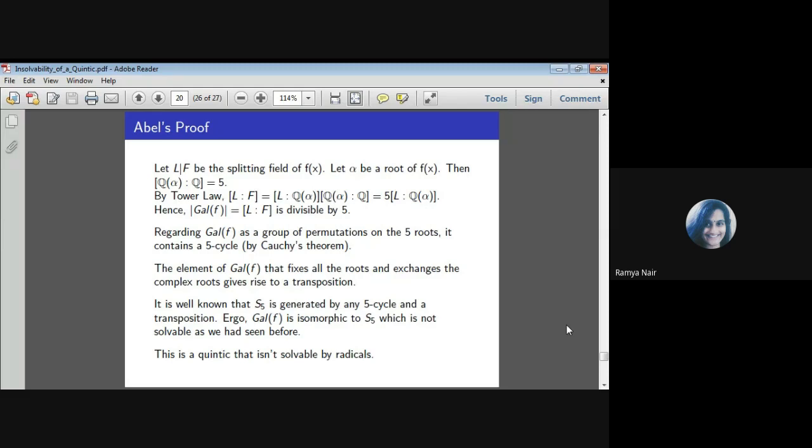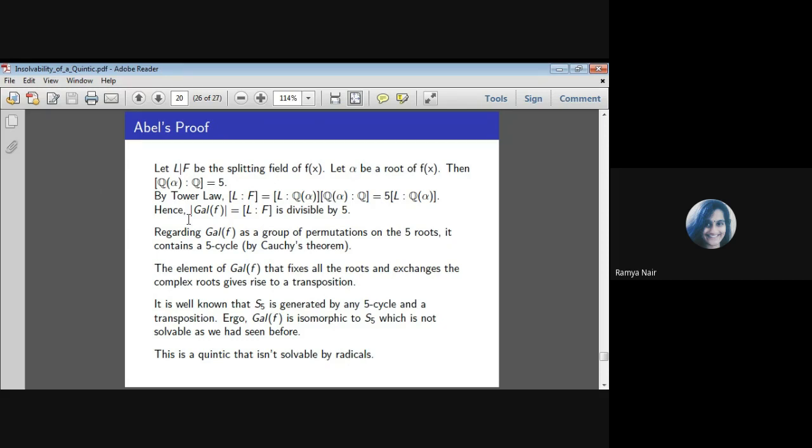One way to see that it cannot be greater than 5 is that alpha satisfies a polynomial of degree 5: alpha to the 5 minus 6 alpha plus 3 is 0. So you cannot have the degree of extension greater than 5. There is also a result that says the degree of extension is at least 5. So this extension Q(alpha) over Q has degree equal to 5.